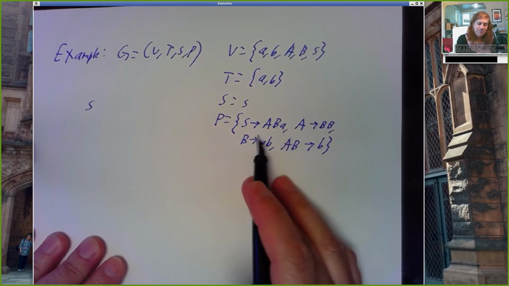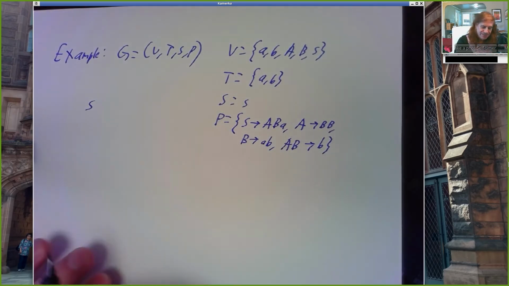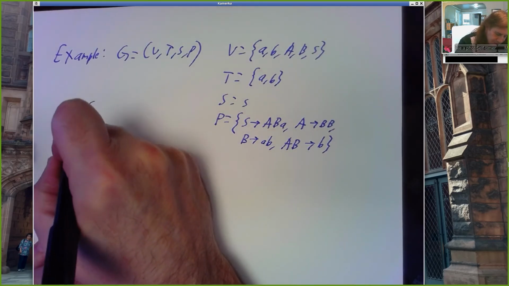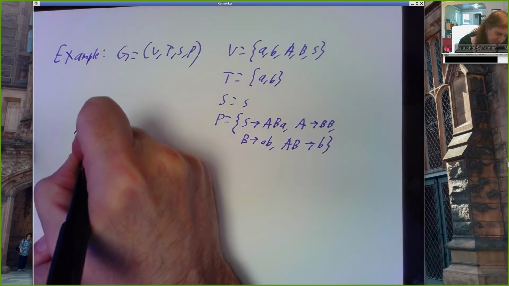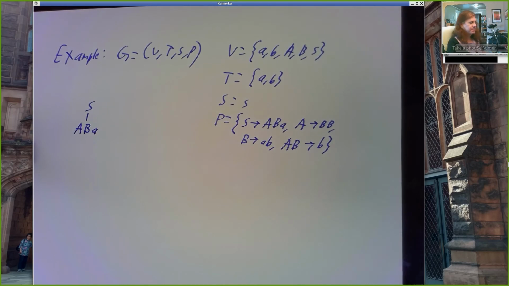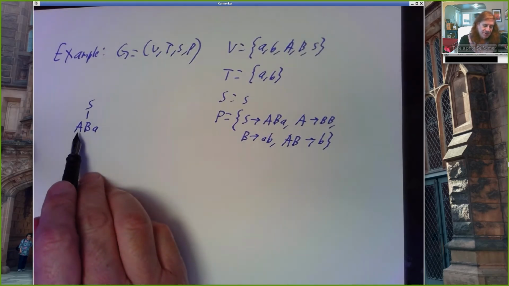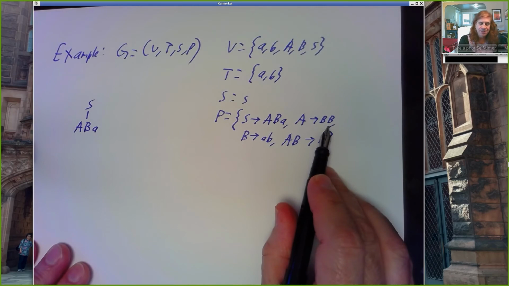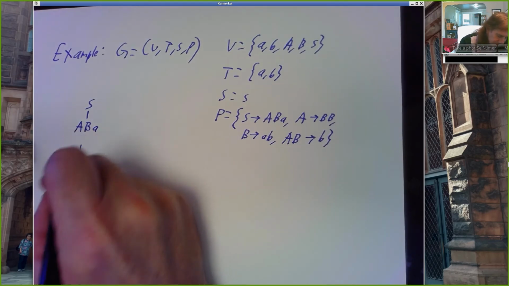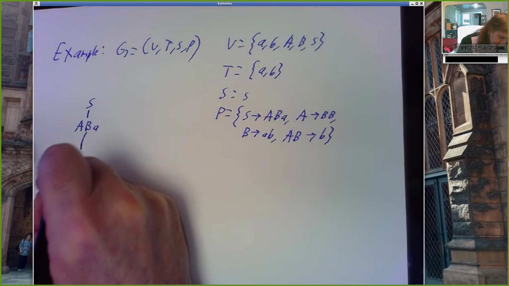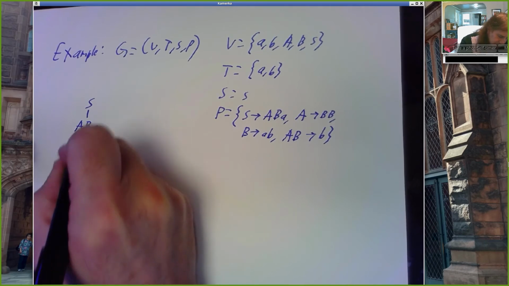Well, we have one production rule which says S can be replaced with uppercase A, uppercase B, followed by lowercase a. Now what can we do from here? Well, we can replace our uppercase A with two uppercase B's.